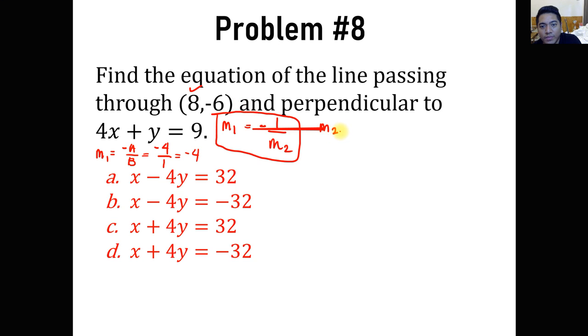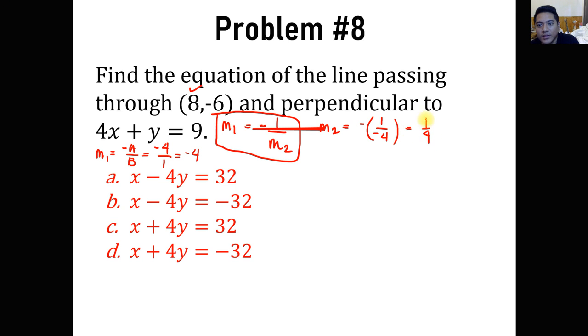So m2 would be the negative of 1 all over -4. In other words, the slope becomes 1/4.